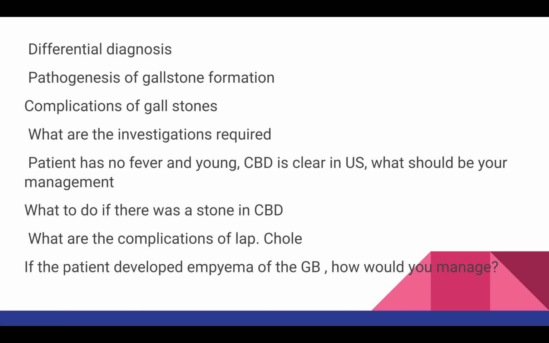If the diagnosis of acute cholecystitis is made, then we can go ahead with elective or emergency cholecystectomy. If there are stones intraoperatively, we can remove them, or otherwise we can do ERCP to remove the stones after the cholecystectomy.